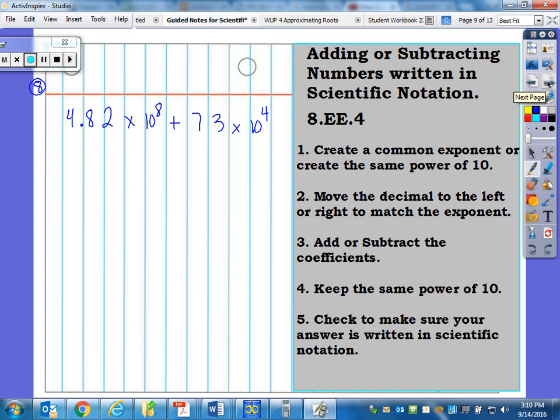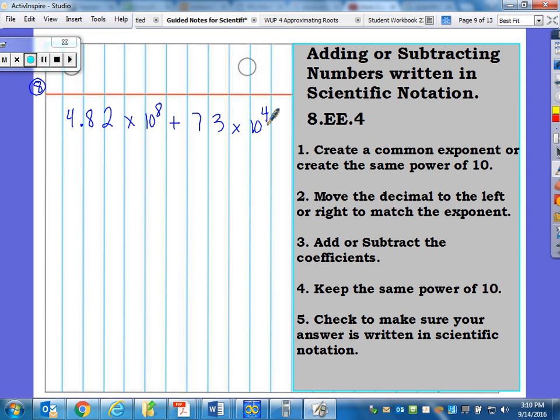Looking at another example of adding when numbers are written in scientific notation, again, I must create the same power of 10 by moving the decimal to the left or to the right in order to match the exponent. I'm going to take the 4 and rewrite it so that I have a power of 10 raised to the 8th power.